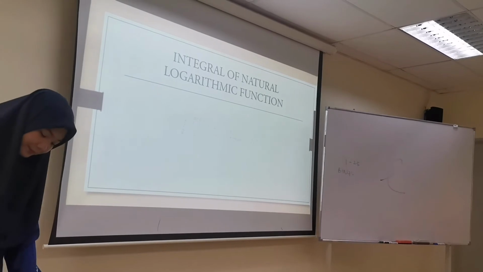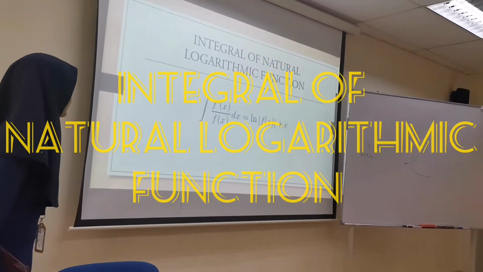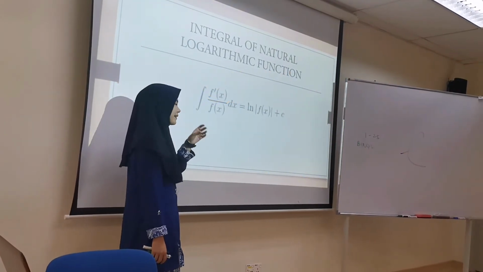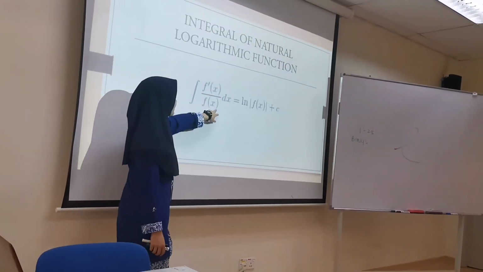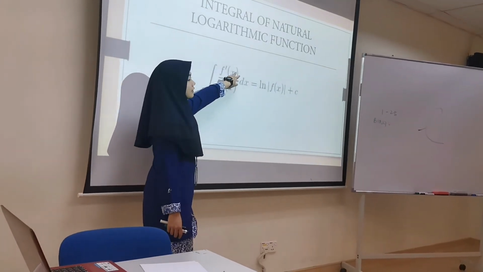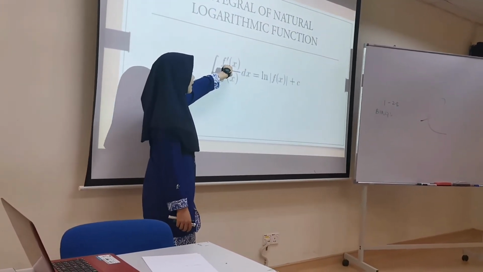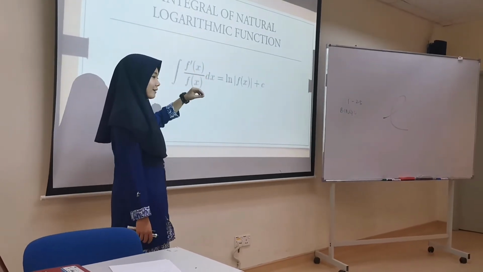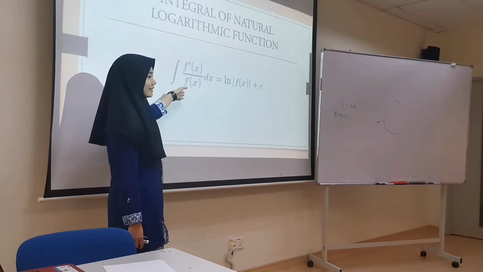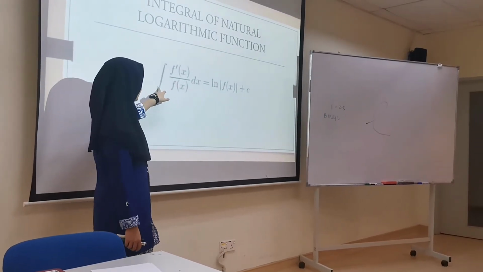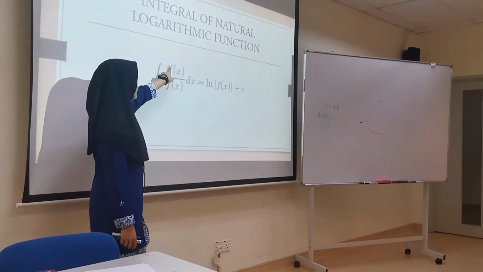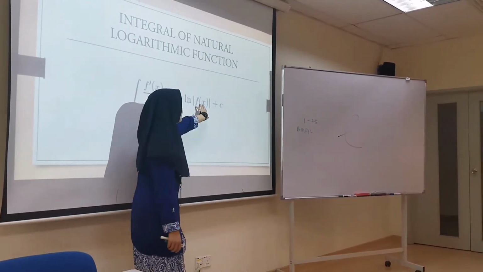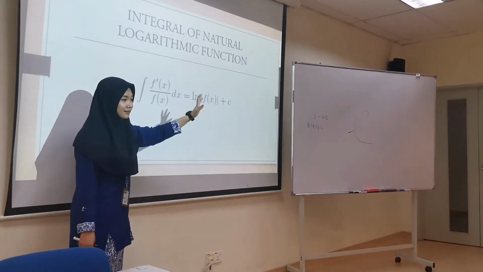Right now, still on this integral. Sometimes it's like a miracle. When we differentiate f x, we get f prime x. So why suddenly do we have these equations? When we have f prime x over f x dx, it is simply ln modulus f x plus c.